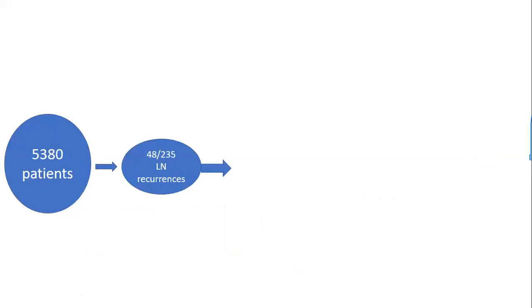In the retrospective database, they have taken around 5,000 patients. Among them, they found around 250 patients who have relapsed loco-regionally, and among them 48 are the patients who have relapsed only regionally. That means lymph nodal relapse.